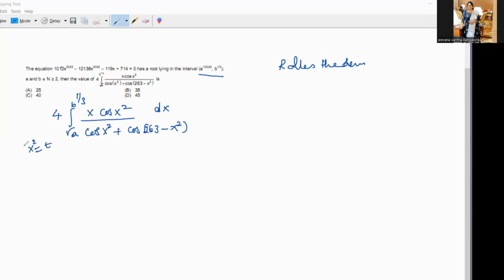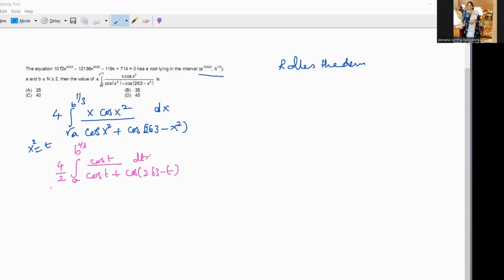With this substitution, the integration will convert to the integral from a to b raised to 2 by 3 of cos t divided by cos t plus cos of 263 minus t, dt, with a 2 in the denominator, because when you differentiate x squared, 2x dx will be dt.